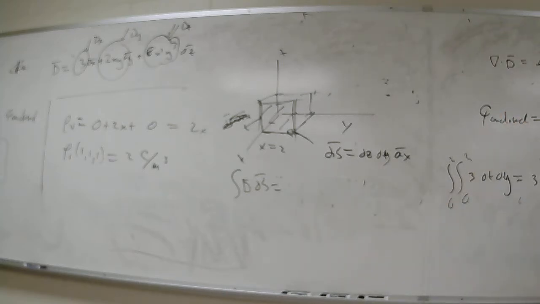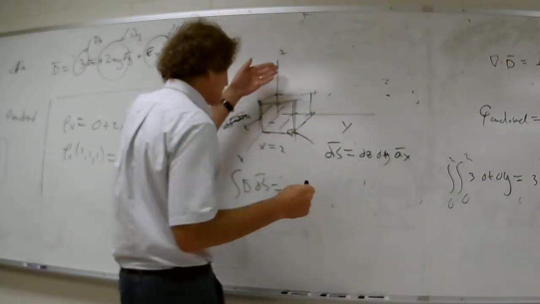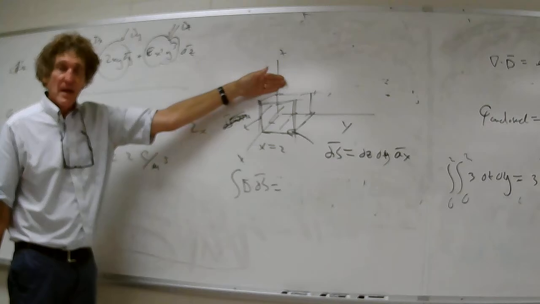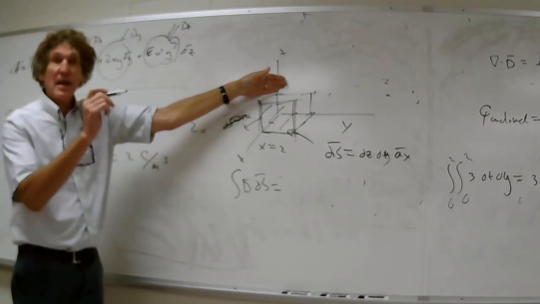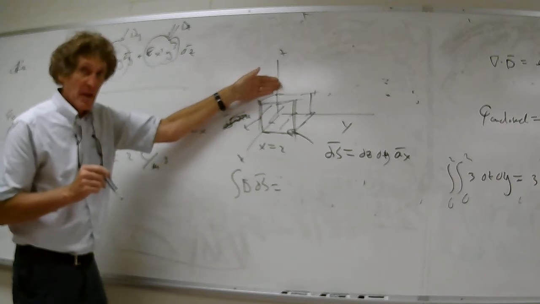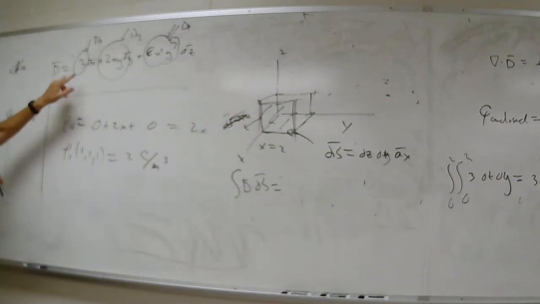Now you'd have to do this for 6 surfaces, all right? The back surface is x equals 0, correct, class? At x equals 0, it's still going to have a unit vector, but for this back surface it's minus ax, right? When you do the dot product here, I'm going to have 3, right? But it's got a minus sign to it.